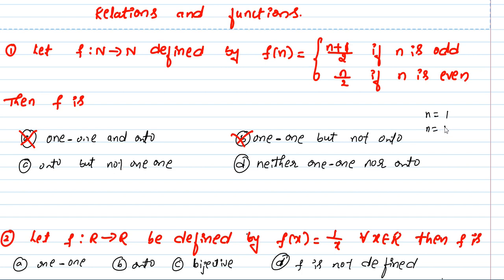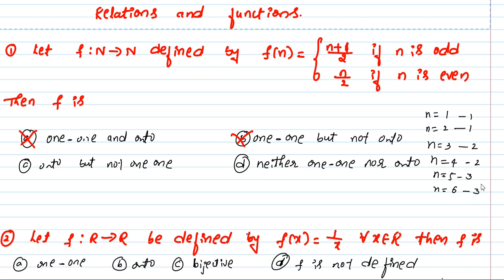Put n equal to 3, 3 plus 1 over 2 is 2. Put n is equal to 4, you will get 2. Put n is equal to 5, you will get 3. Put n is equal to 6, it is also 3.